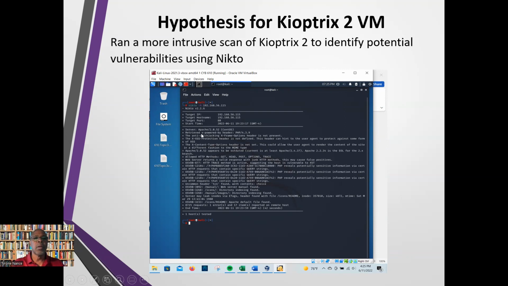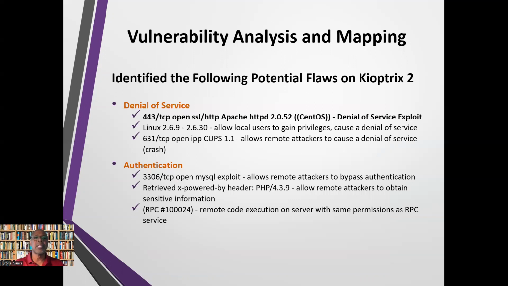It introduced the X-Powered-By header PHP 4.3.9. It introduced the anti-clickjacking X-Frame-Options header. It also identified a potential cross-site scripting vulnerability as well. So I've now proceeded with scanning and confirming that there are some vulnerabilities. So let's move on to the next step.